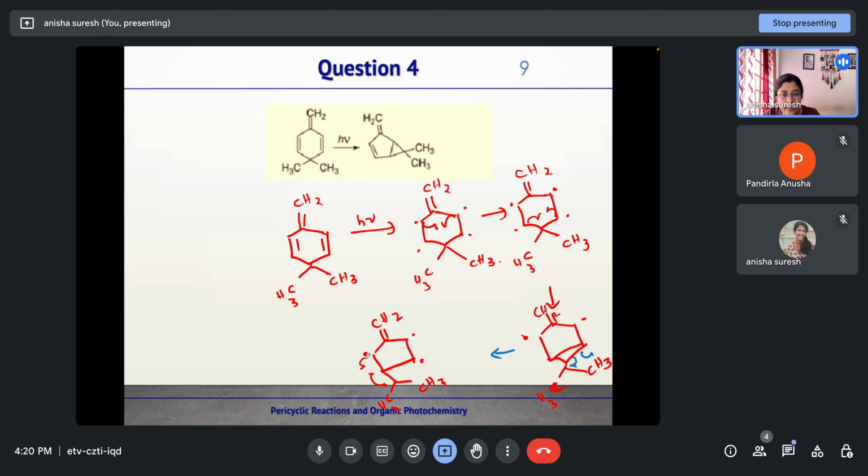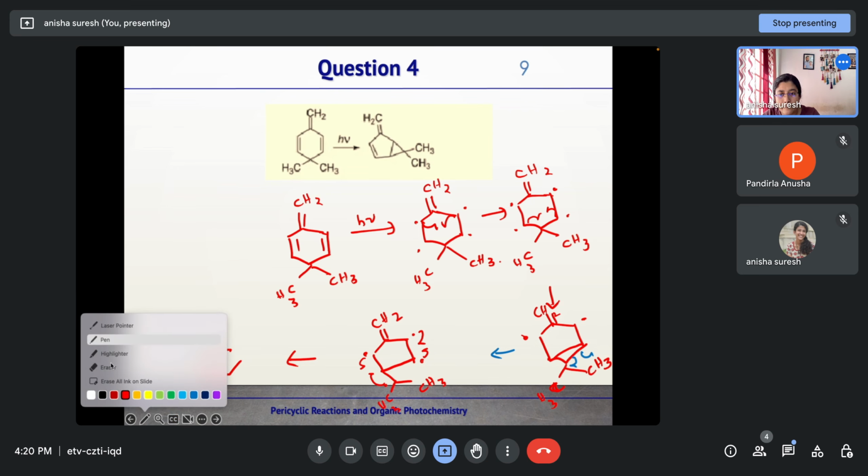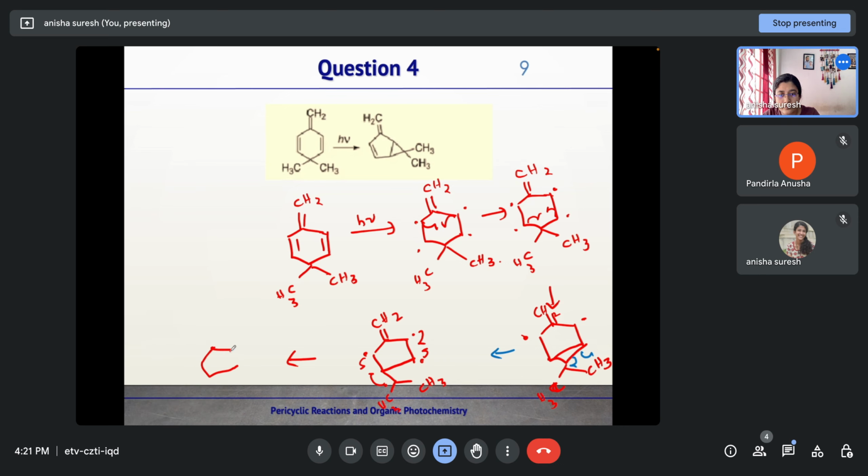So these will combine, giving to formation of the new cyclopropane, and this will combine, leading to the formation of double bond. CH2 double bond. Clear? So this is the mechanism that will be taking place.